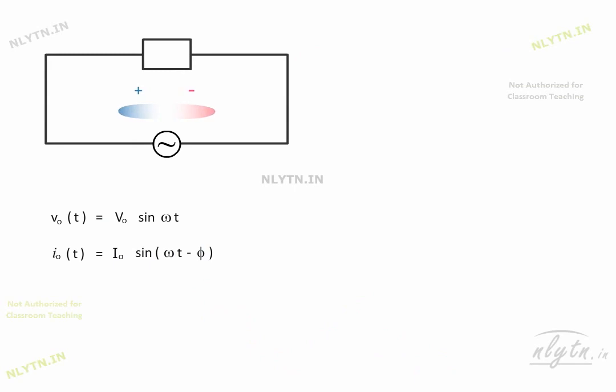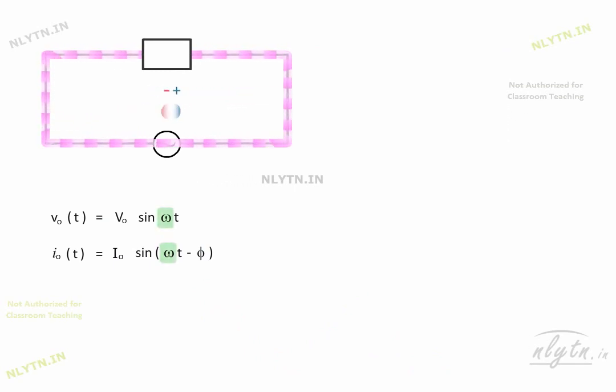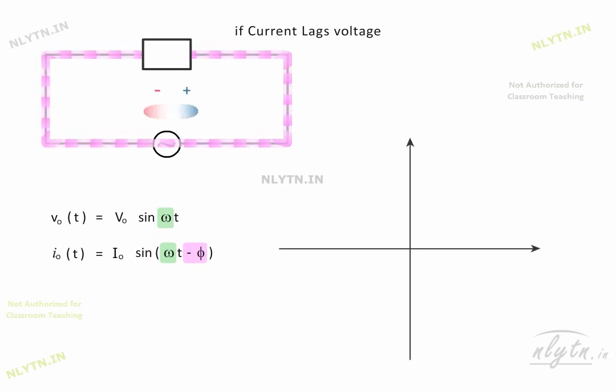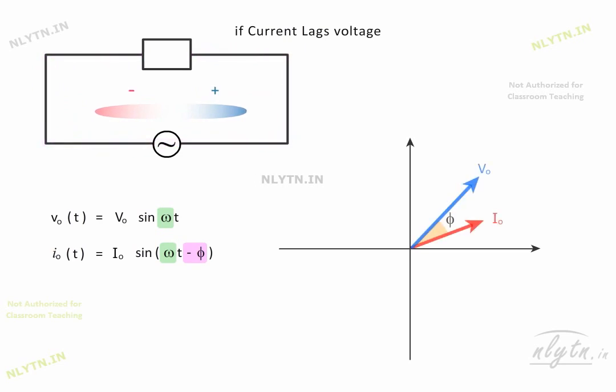AC voltage and current in a circuit have the same angular frequency but different amplitudes and are often out of phase. If current lags voltage by a phase of phi, then in the phasor diagram, the amplitude vector of current is behind the amplitude vector of voltage by a phase of phi.